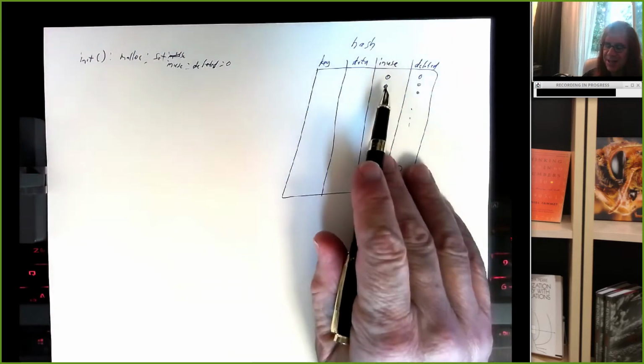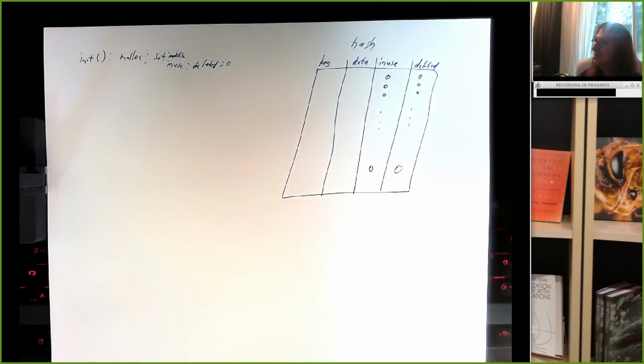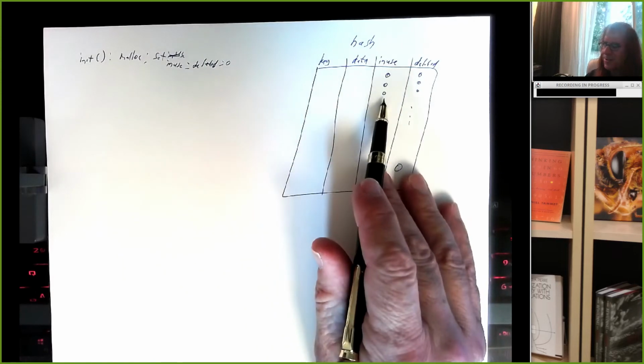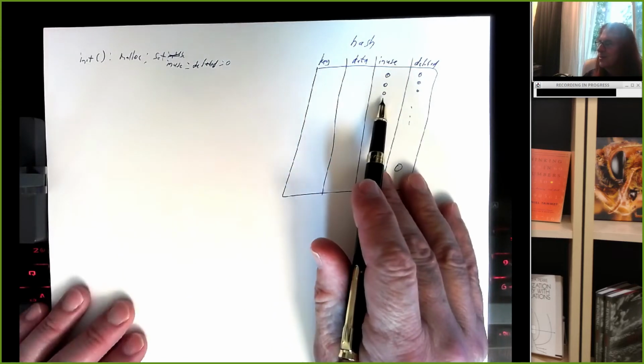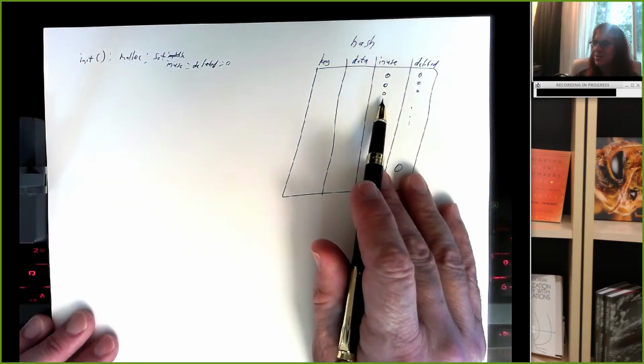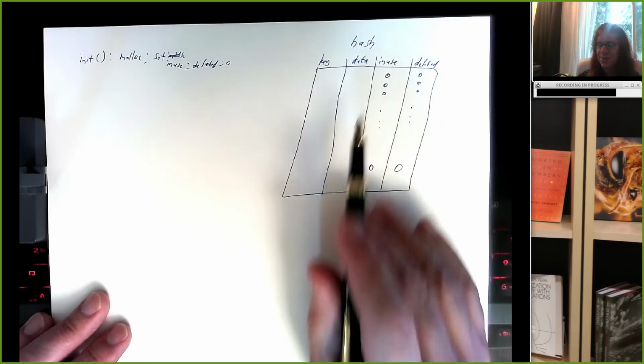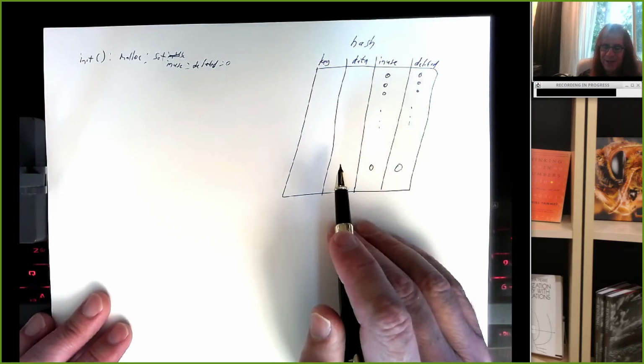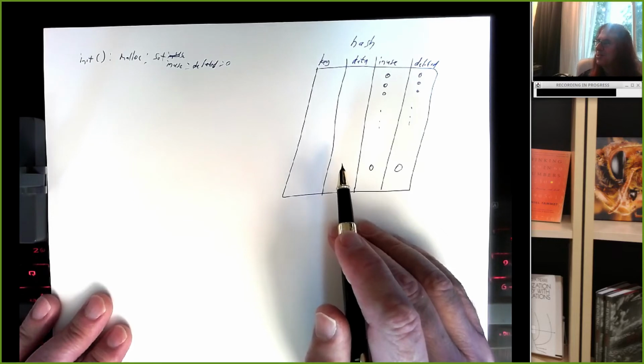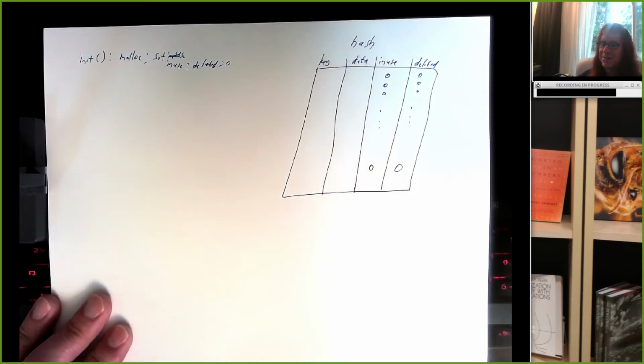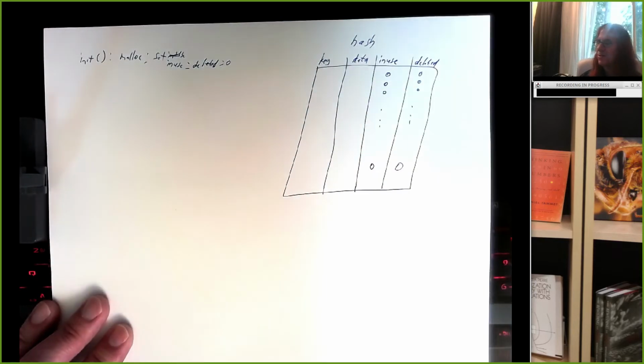If we say it's not in use, we're not going to look at it. And if we come down here and we see it's not in use, we're going to say, okay, if we're looking for something, it's not found. If we want to store something, we'll store it right there. So initialization is just creating the array, which we might do with a malloc instead of statically, and then setting these flags to 0.